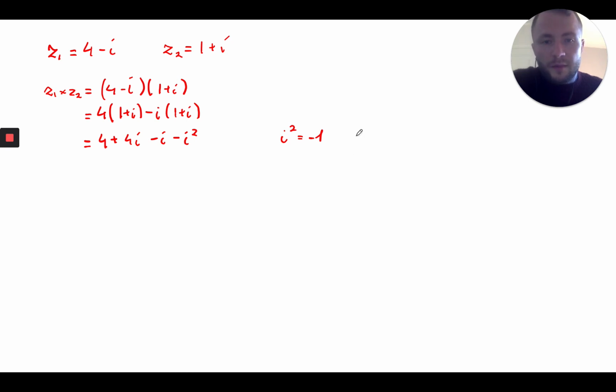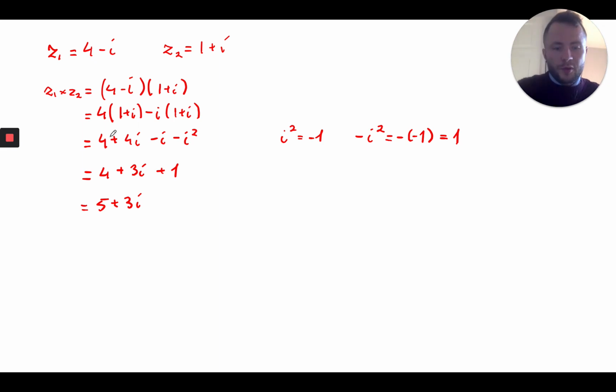So minus i squared equals minus (minus 1), which equals 1. So minus i squared can be replaced with plus 1. Finally I'm going to get 4 plus 3i plus 1, and that will be tidied up to give me 5 plus 3i, which is the result of multiplying those two complex numbers.